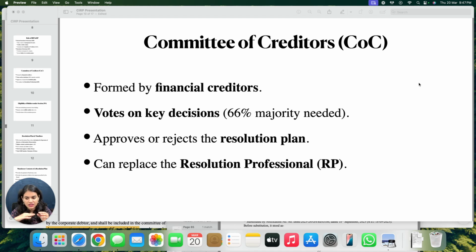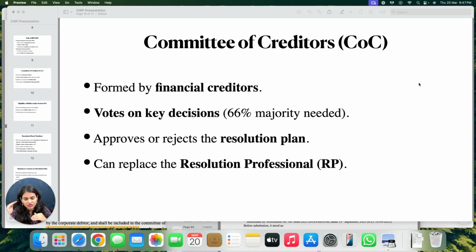All of these things are taken into consideration, and all of the asset classes will be valued. Once this valuation is done, then this is provided to the committee of creditors. So basically, this aids the committee of creditors in voting once the resolution plans come before them.